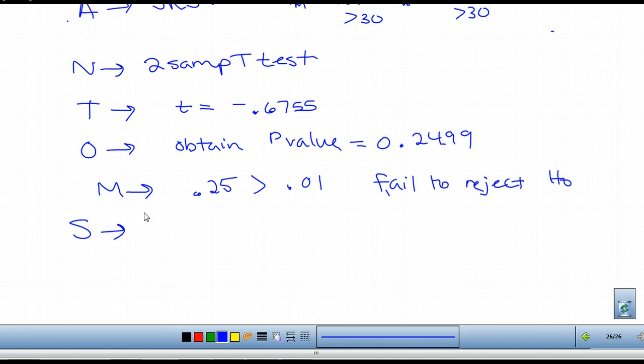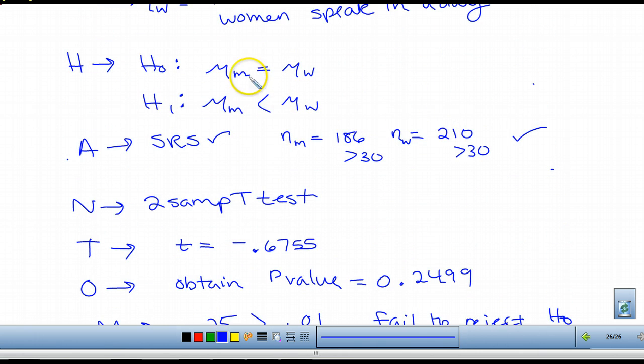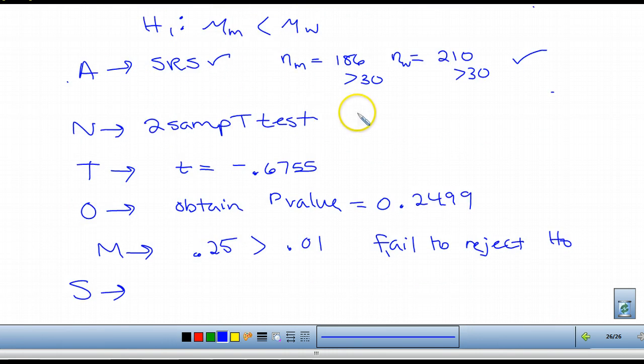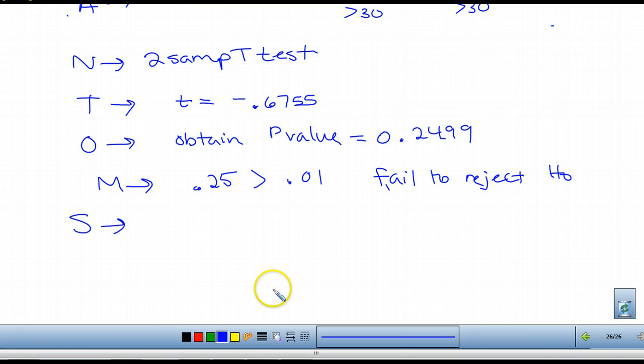So since I'm failing to reject, let's go back to here. This was saying that women talk more. So since we failed to reject, there's not enough evidence to say that women talk more than men. So there's a couple ways that you can write this. I'm going to write it the way that we always have.